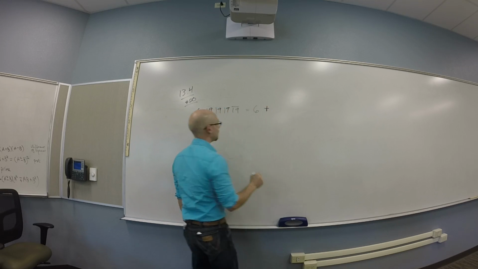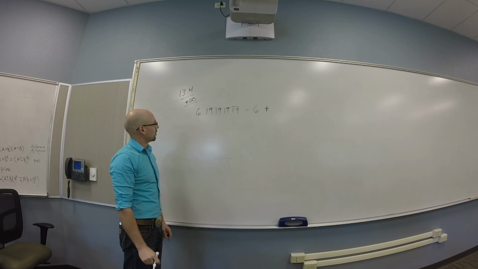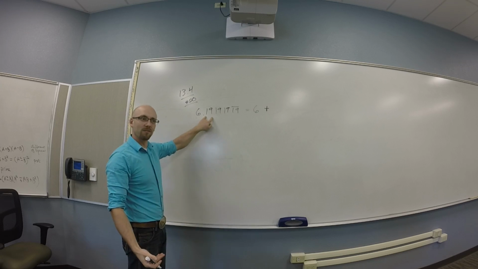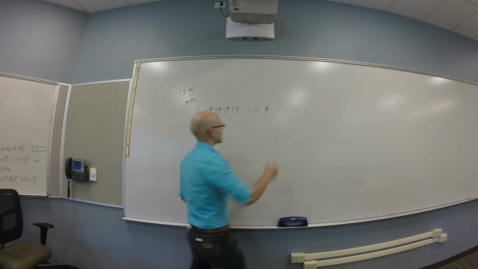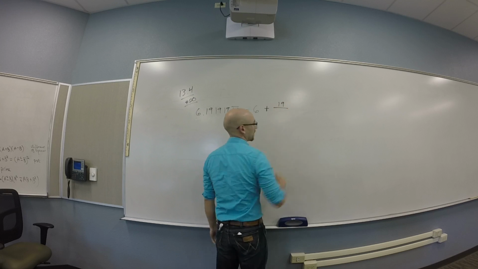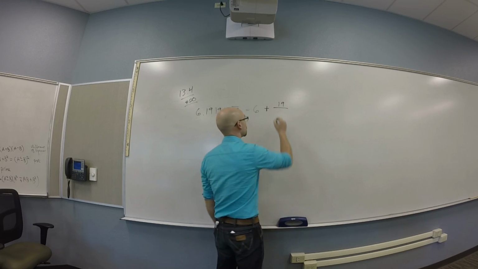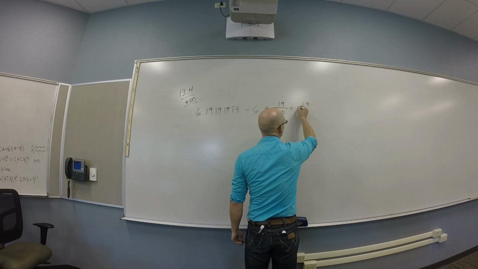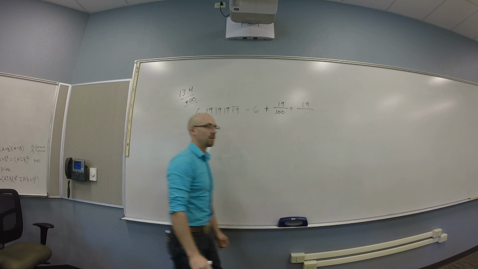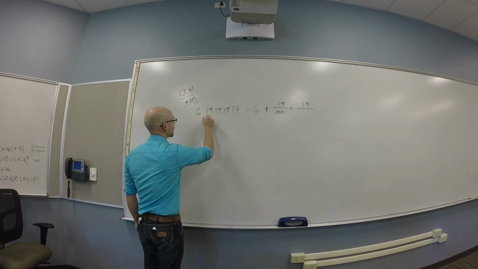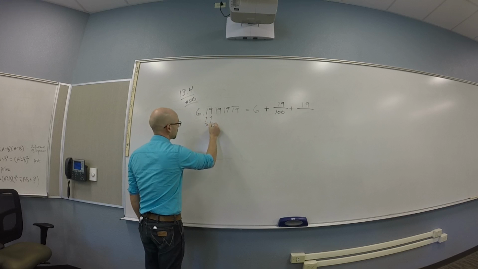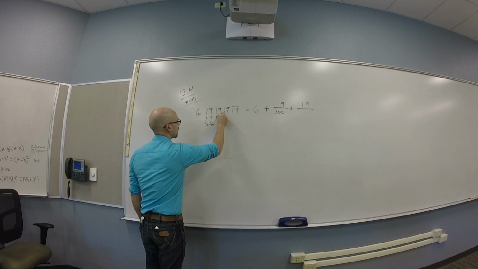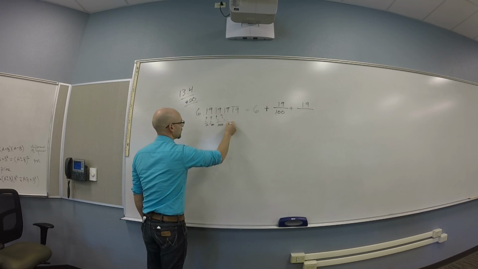Okay, so then there's like a 19, right? So that's 19 what? Hundredths, right? And then there's another 19, and that's over, let's see, tenths, hundredths, thousandths, 10,000ths, right?